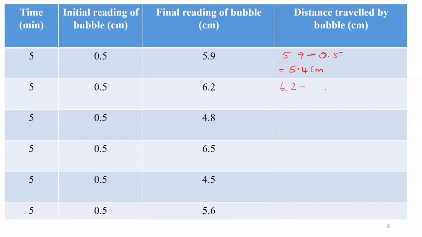Final minus initial over time period. So the distance traveled by the air bubbles during the 5 minutes is equal to 6.2 minus 0.5 equals 5.7 centimeter.